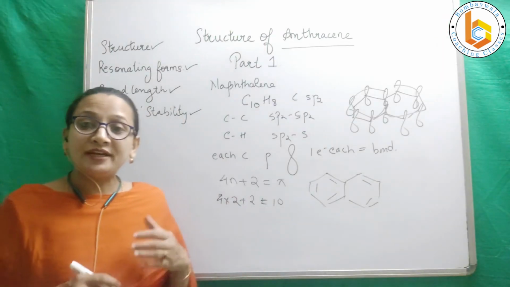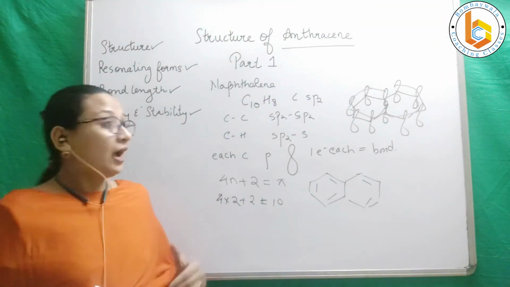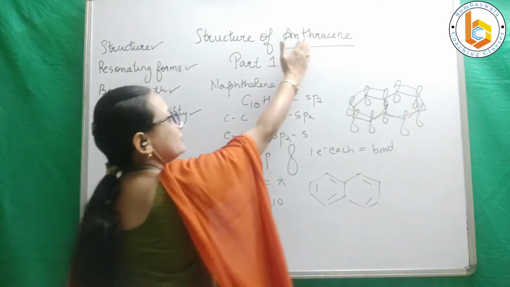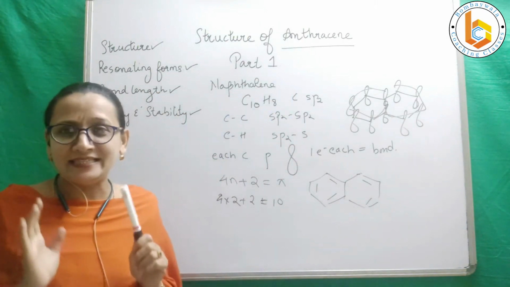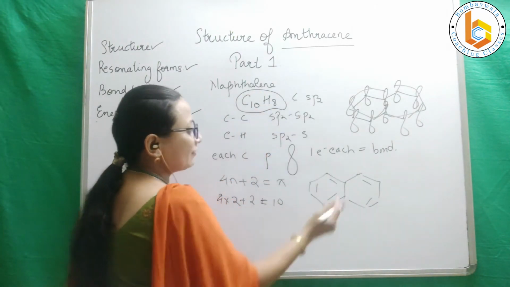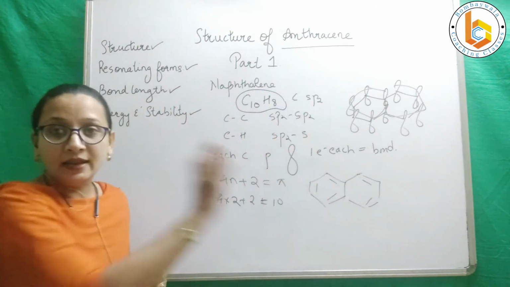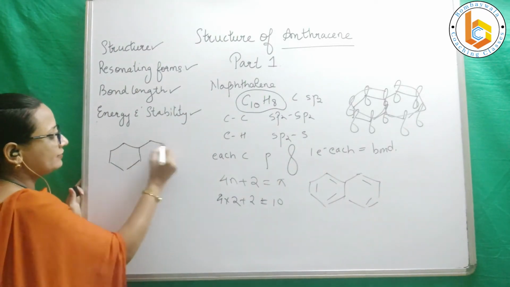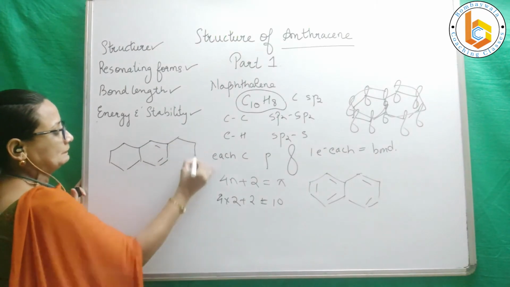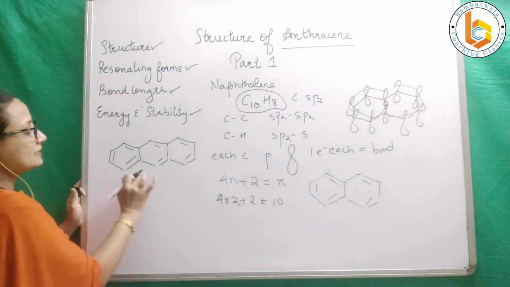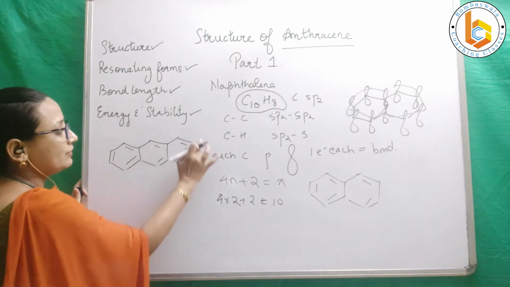Now we are going to take a trick on how to convert this formula for naphthalene into anthracene. Now see how simple and easy it is. See, this is C10H8 because naphthalene contains 10 carbons and 8 hydrogens. What do we know about anthracene? Anthracene contains how many carbons? 6, 7, 8, 9, 10, 11, 12, 13, 14.